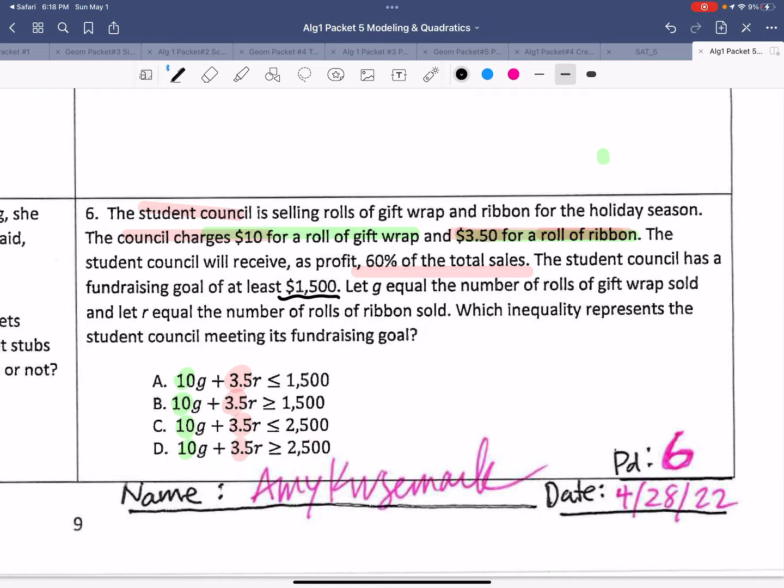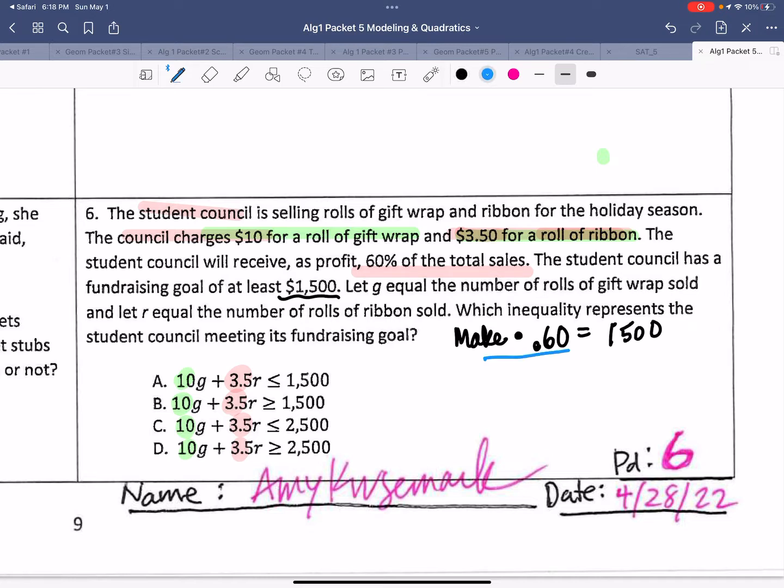So if the student council will receive as profits only 60% of the sales, then whatever they make, when you multiply it times 60%, we need that number to be 1,500.